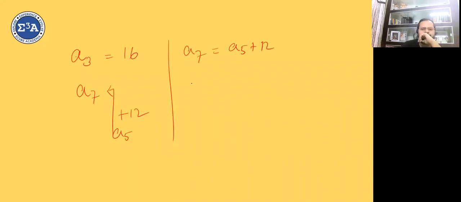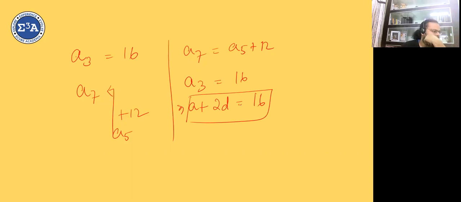A3 we know. A3 is equal to 16, which implies that A plus 2D is equal to 16. This is what we know. And what do we know about this term? A7 minus A5 will give me 12.